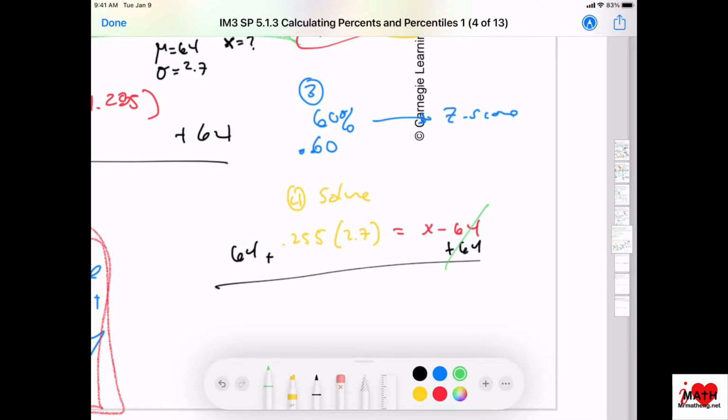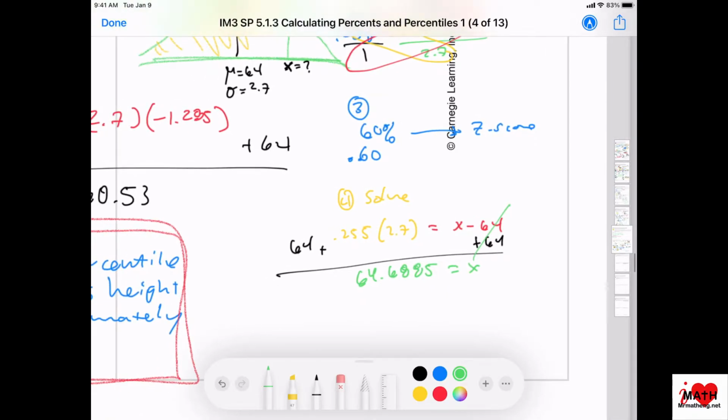Let's put that in our calculators. And on my calculator, here it is. 64 plus 0.255 times 2.7 gives me 64.6885. What does this mean?